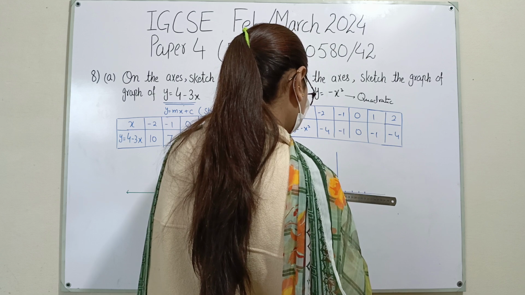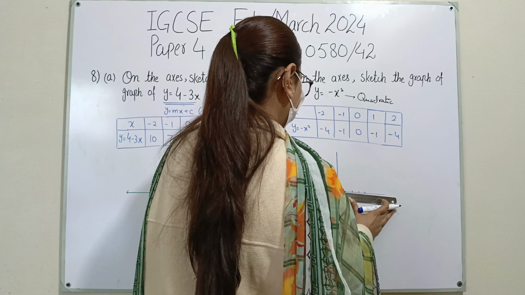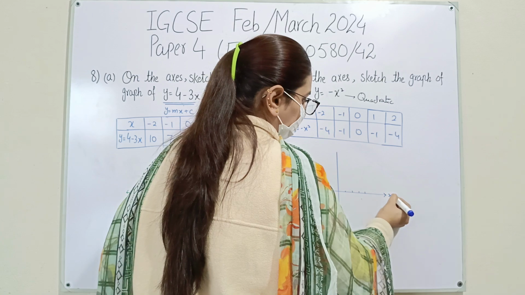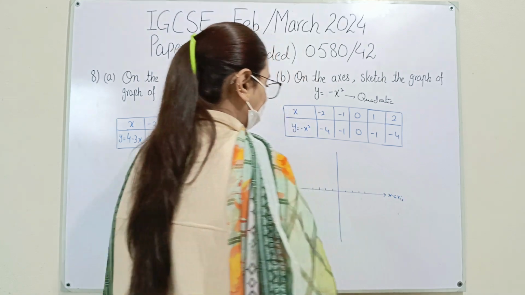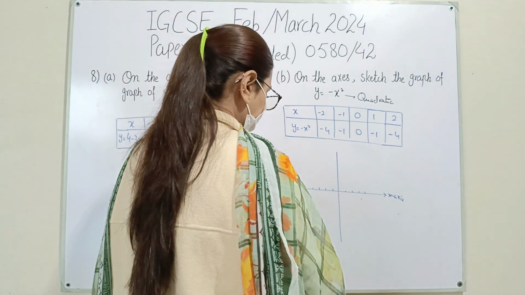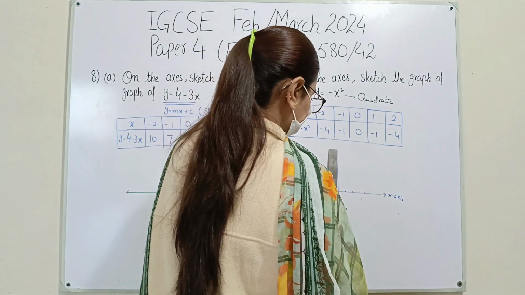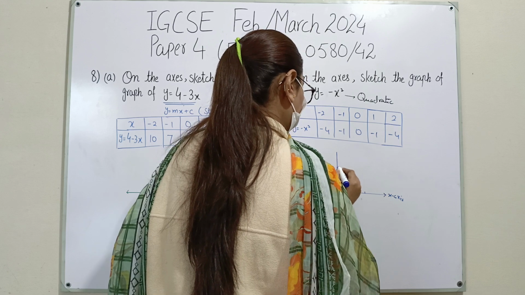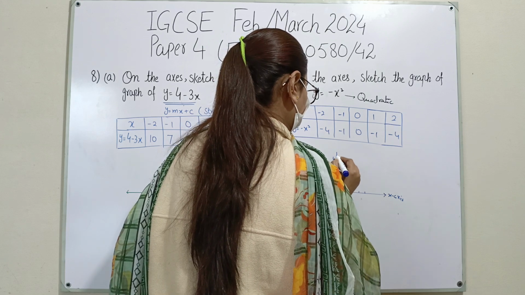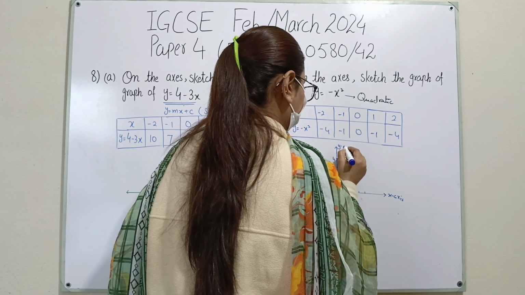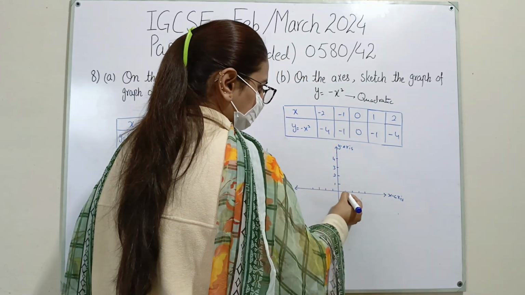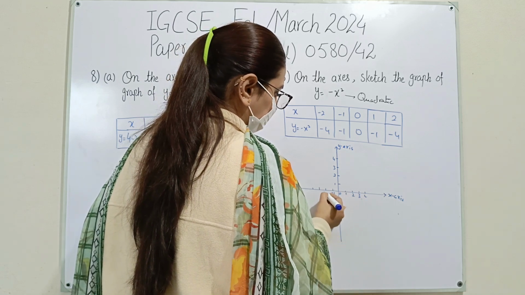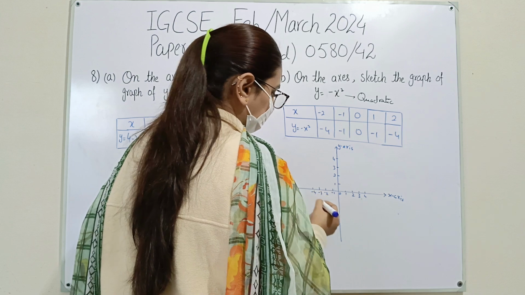On graph paper, you'll have small and big squares, so there is no need to mark the lines on a graph. They will already be present there. I have a rough scale 1, 2, 3, 4, while this is the y-axis. This is 1, this one is the origin, 2, 3, 4, minus 1, minus 2, minus 3 and minus 4.